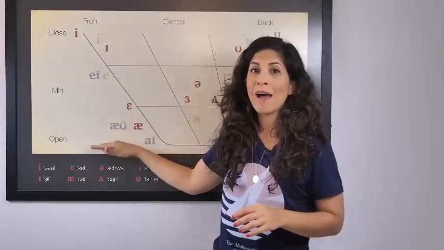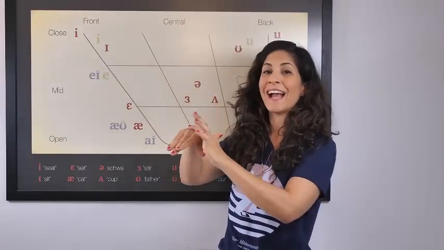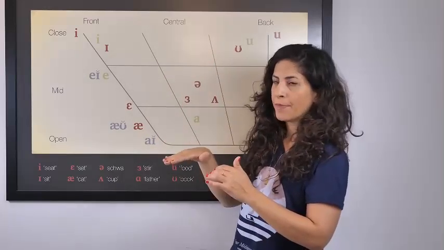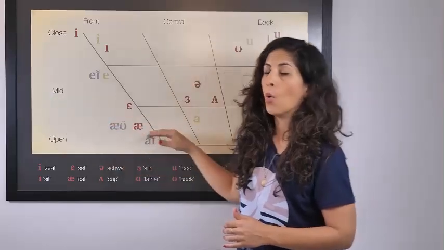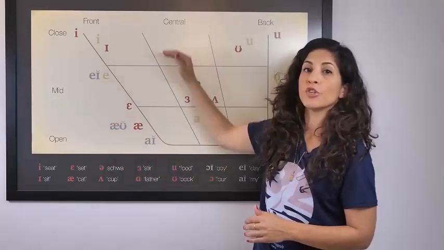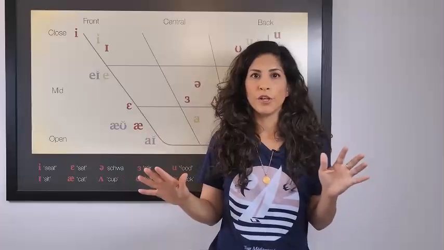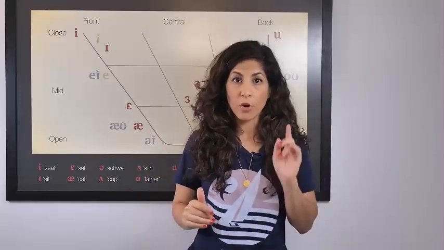And as you open your mouth, there is more space between the tongue, the body of the tongue, or the highest part of the tongue and the upper palate. Okay? So, position of the tongue in relation to the front of the mouth, or position of the tongue in relation to the roof of the mouth. Clear? Good. Now, there are a few other elements that we're going to talk about as we go along.